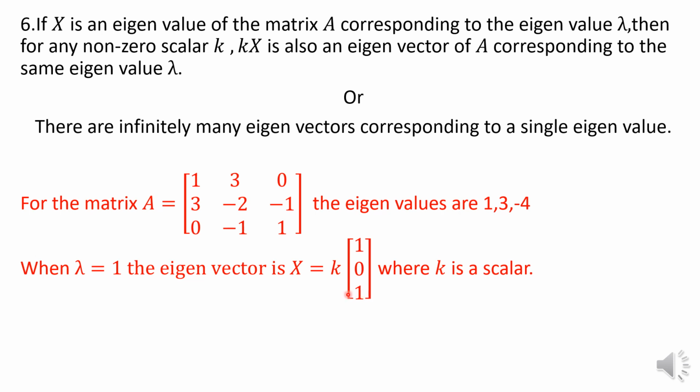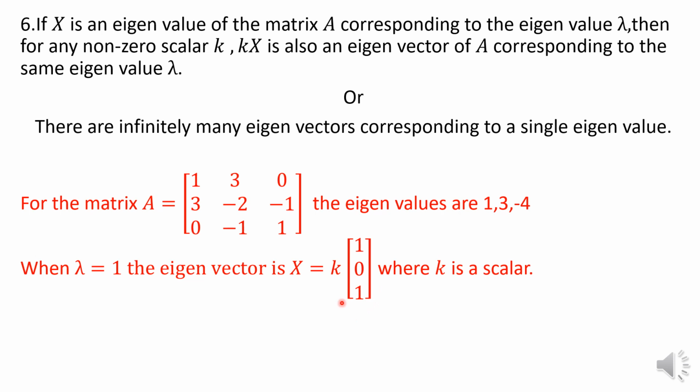Similarly, if we go on varying the value of k, we are going to get different values for x. Those values are all called eigenvectors. All are eigenvectors corresponding to the same eigenvalue lambda equal to 1, which means that the eigenvalue lambda equal to 1 is unique, but the eigenvectors x are infinite.